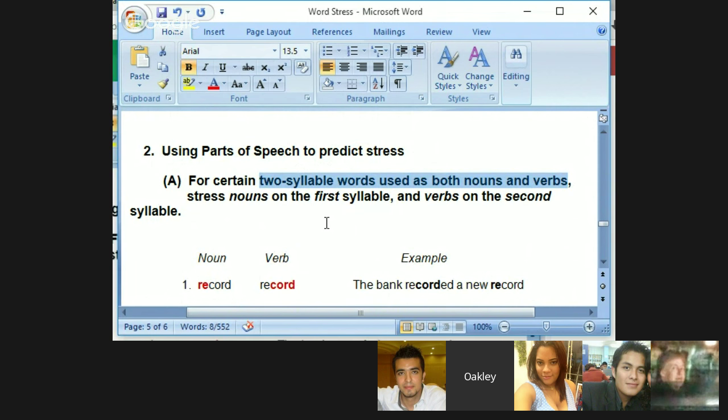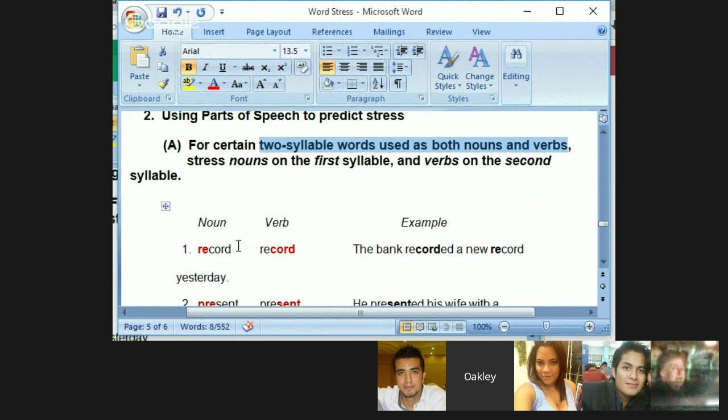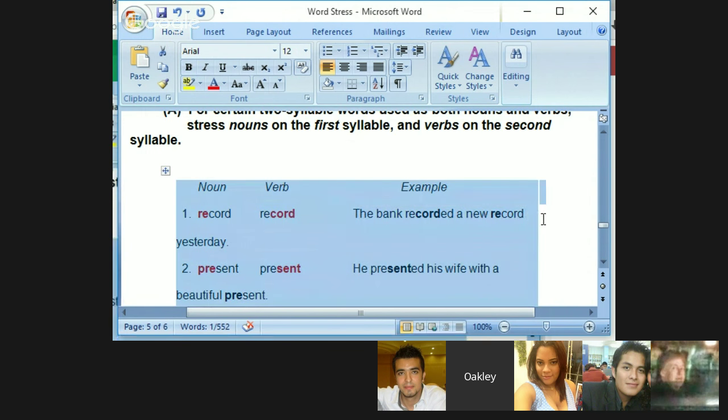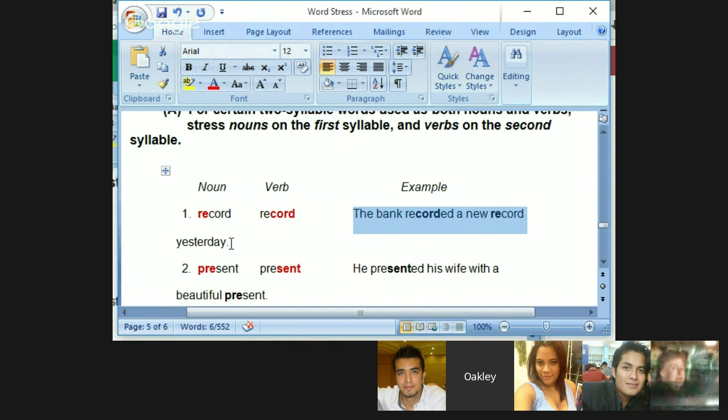For the most part, and there are definitely exceptions to this, but most of the time, I don't know, 80 to 90% of the time, words that can be either a noun or a verb, when it's a noun, it's stressed in the first syllable. When it's a verb, it's stressed in the second syllable. Let's have you guys try to read the examples here.